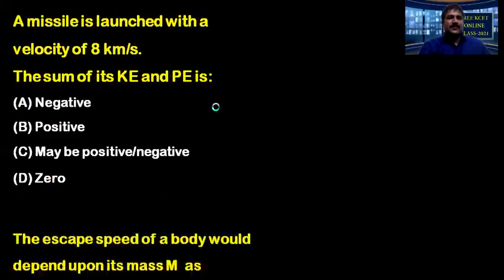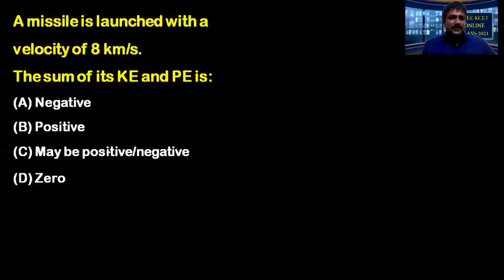Now the next question: a missile is launched with a velocity of 8 km per second, then the sum of kinetic and potential energy is negative, positive, may be positive or negative, or 0. There are 4 options. Now we know one idea already discussed, escape speed. It is not mentioned anywhere, so the missile is launched from the Earth's surface. We know the escape speed value is 11.2 kilometer per second.